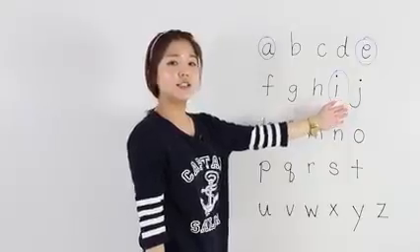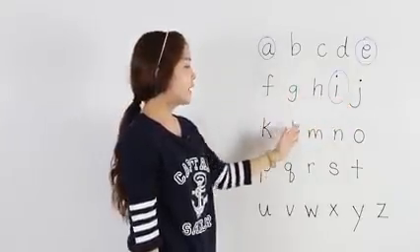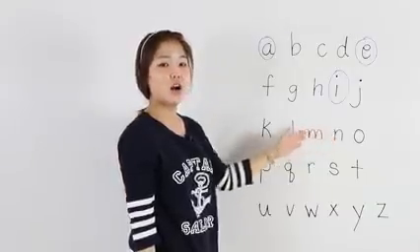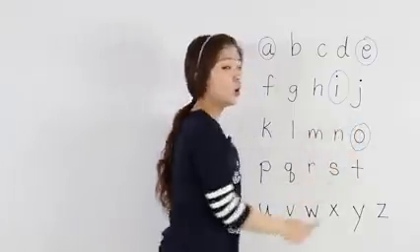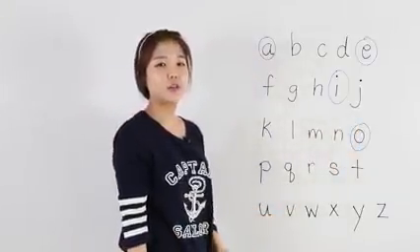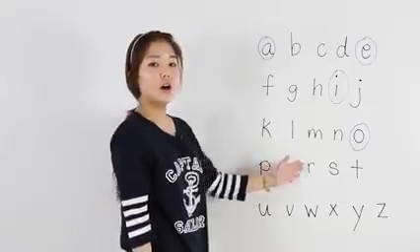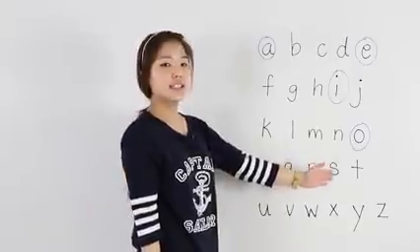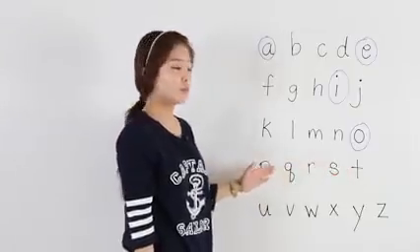J is a consonant. K, consonant. L, M, N are consonants. O is another vowel. P, Q, R, S, and T, these are all consonants.